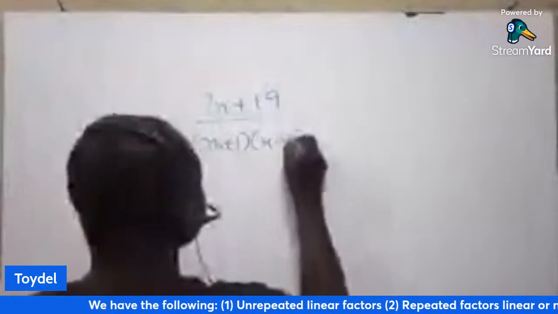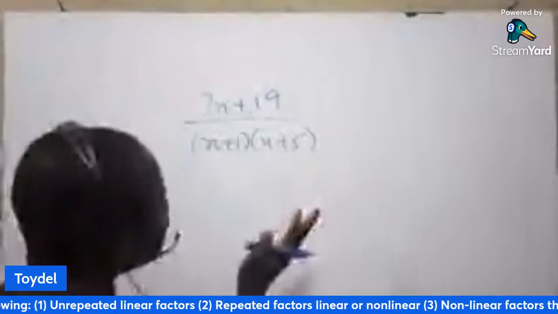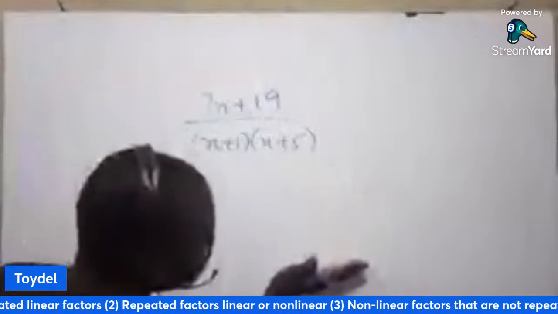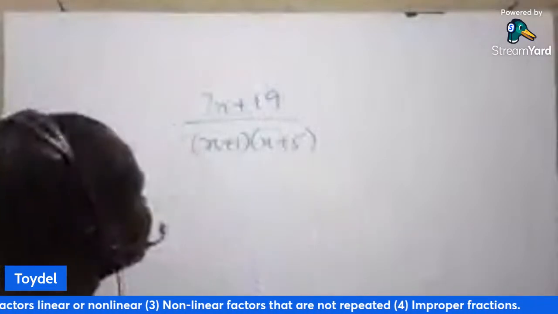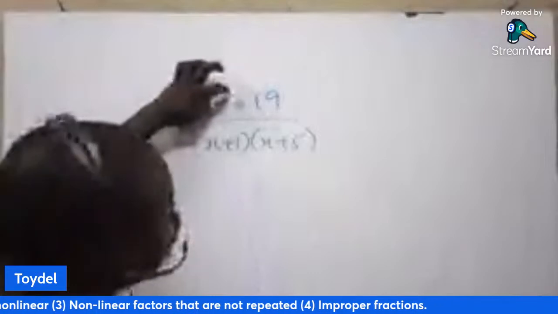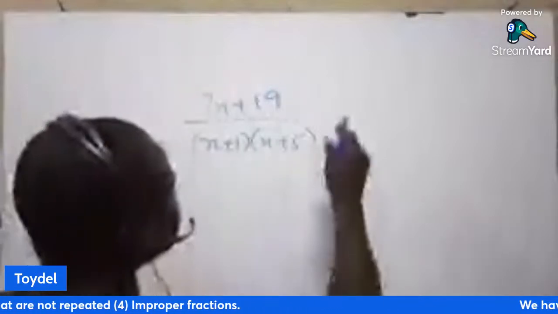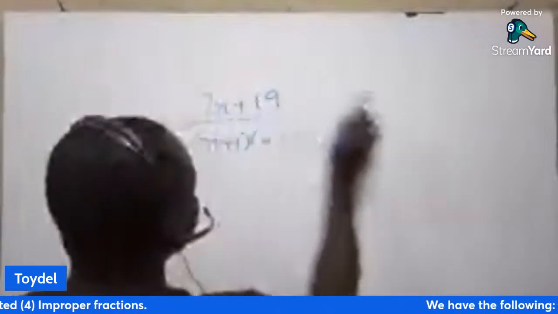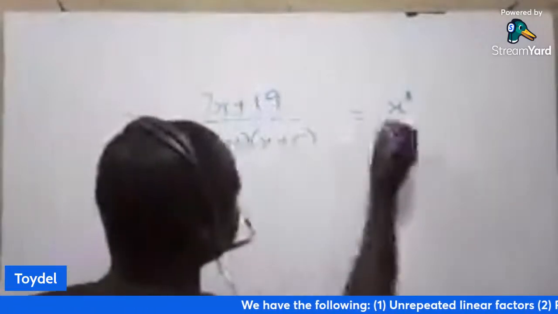So let's concentrate on the denominator. Let me say this: the first three types are in the form of proper fractions, in the sense that the degree of x at the numerator is less than the degree of x at the denominator. For instance, what is the highest degree of x here? It's x raised to 1. If I expand the denominator, I'm going to get x raised to 2.